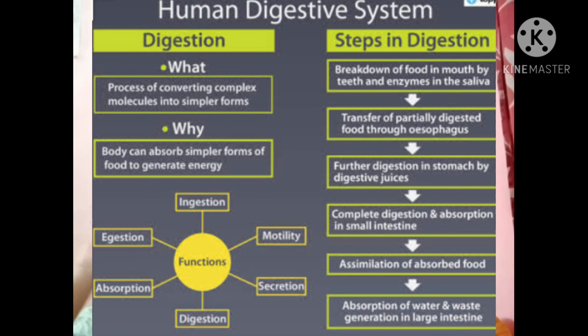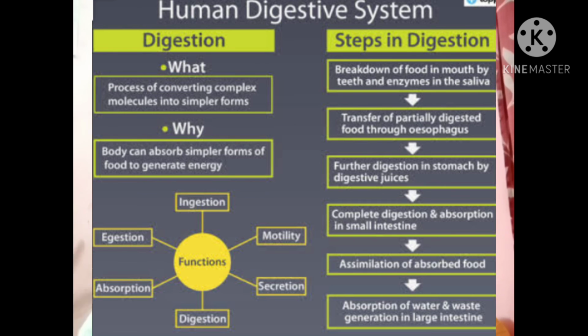Third step is absorption: absorption or distribution of the simplified food. Fourth is assimilation: the absorbed nutrients are utilized by all the muscles for growth and repair.